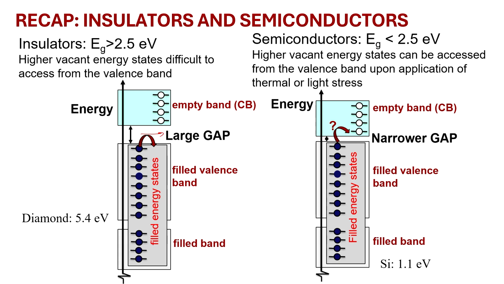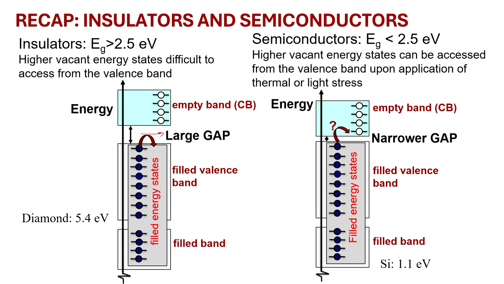Semiconductors, on the other hand, have a moderate gap, less than 2.5 electron volts on a general note, and here if one can apply sufficient magnitude of light, thermal or electrical stress, the gap is narrower. As a result, electrons from the filled valence states can occupy the conduction band states, leading to conduction.